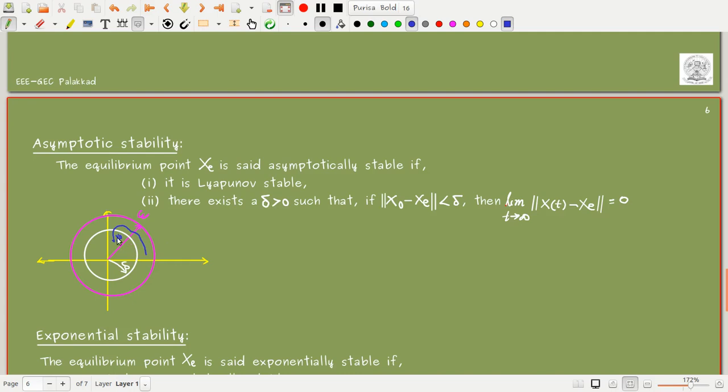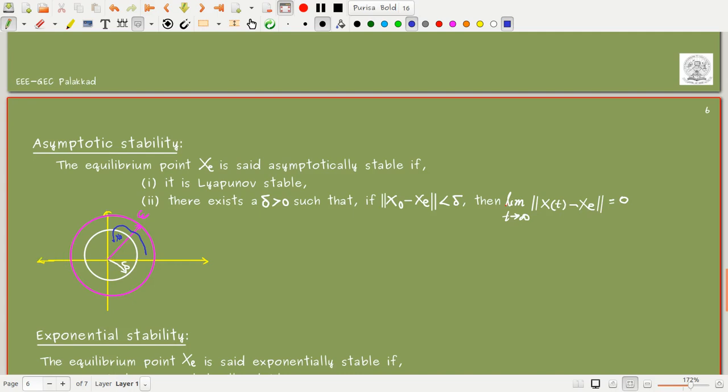It says that there exists a delta greater than 0 such that my initial condition is within that delta ball, and there is another important condition here: as time tends to infinity, what happens to the trajectory? The trajectory will be attracted towards the equilibrium point. That means norm of x(t) minus xc equal to 0 means that the trajectory is reaching the equilibrium point.